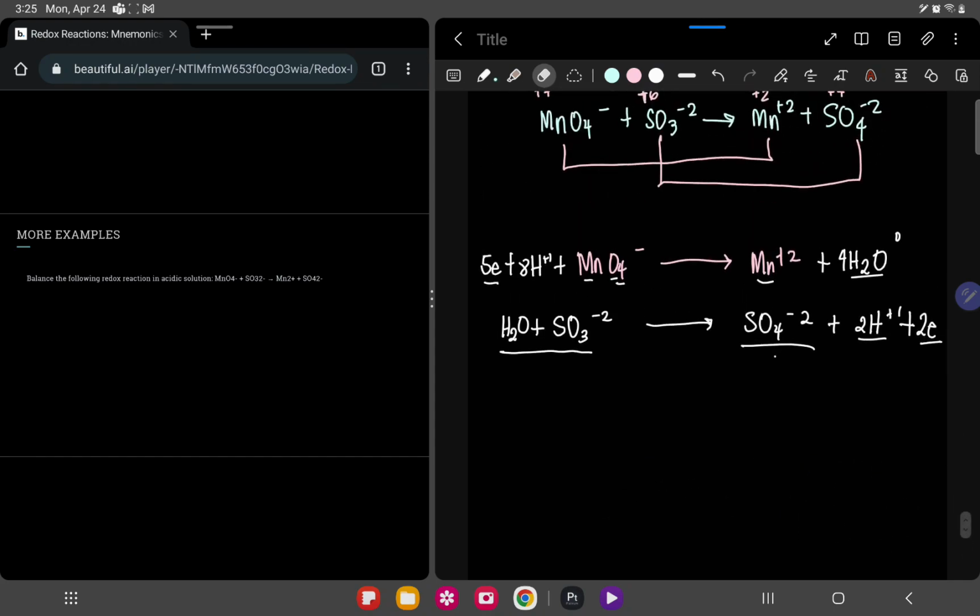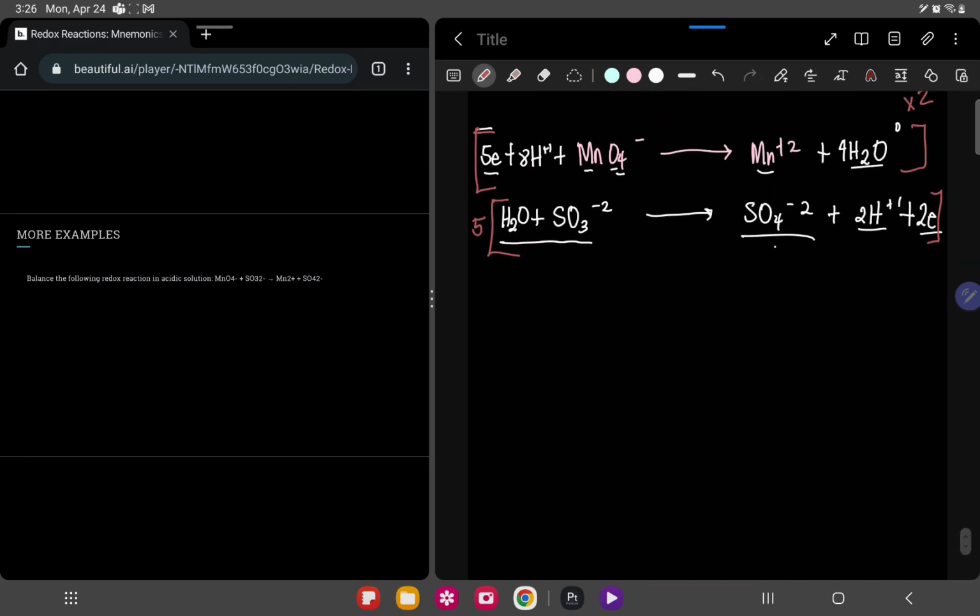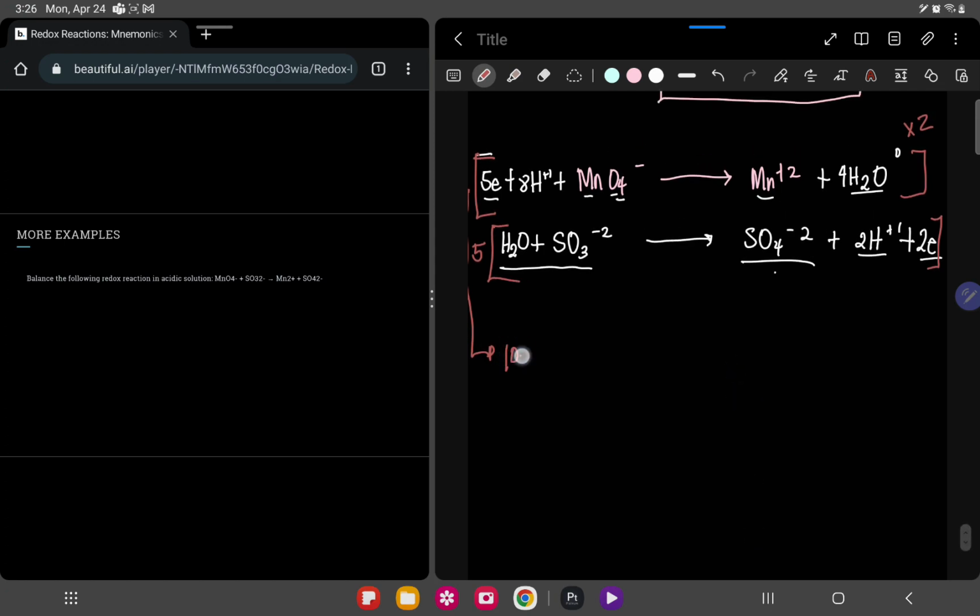Okay, so for that, let's have the common factor for 5 and 2. That will be 10, right? So to make 5 electron 10, let's use a different color. To make 5 electron 10, we have to multiply everything by 2. And to make 2 electron 10, we have to multiply everything by 5. So in writing that, let's do first the manganese part. That will be 2 times 5e is 10 electron plus 2 times 8 is 16 hydrogen plus 1.